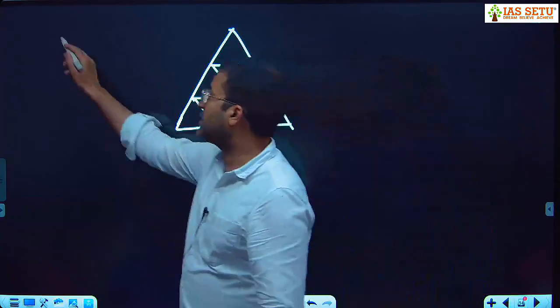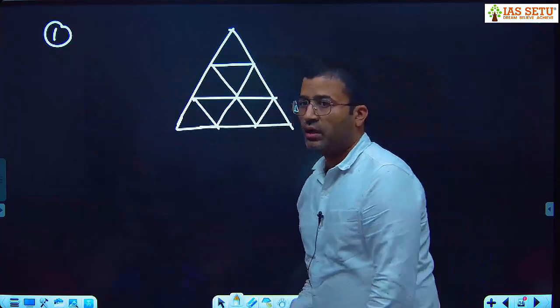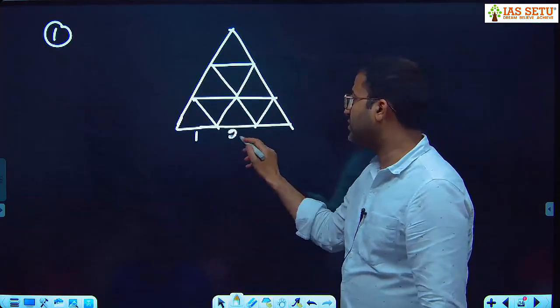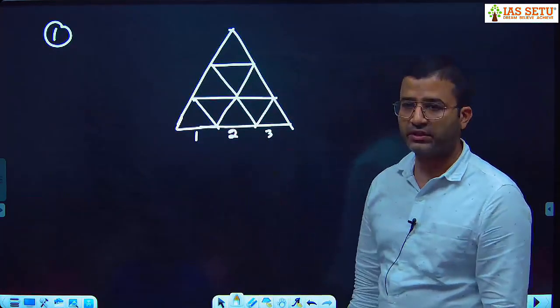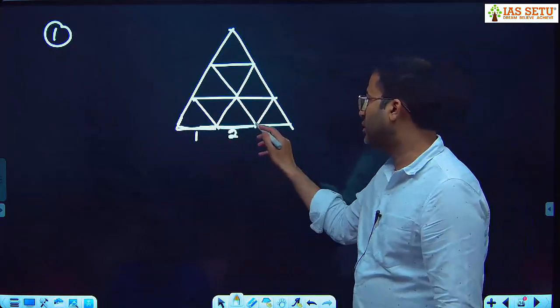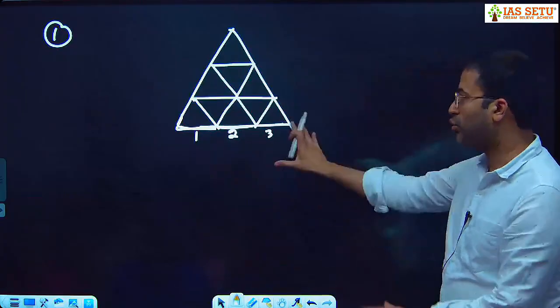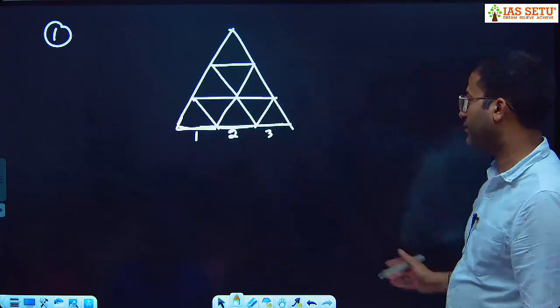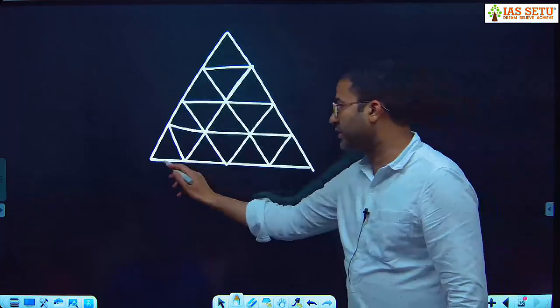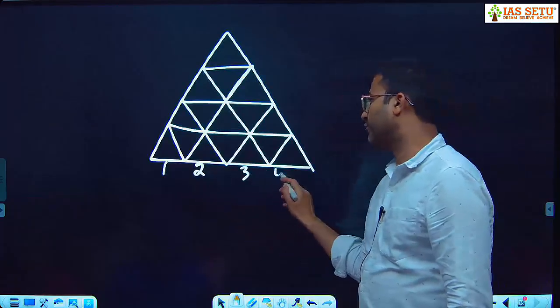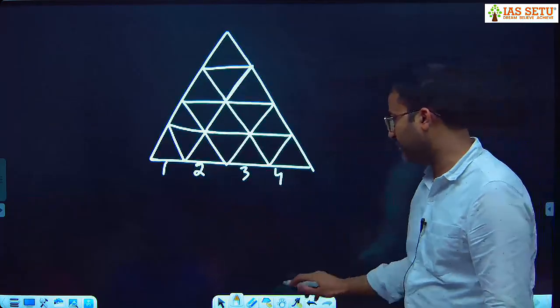My first example is, here each side is divided in 3 ways: 3, 1, 2, 3, 1, 2, 3, 1, 2, 3. I am taking the smallest figure, where it is divided in 3 parts. Here it is divided in 4 parts: 1, 2, 3, 4. This is my second example.